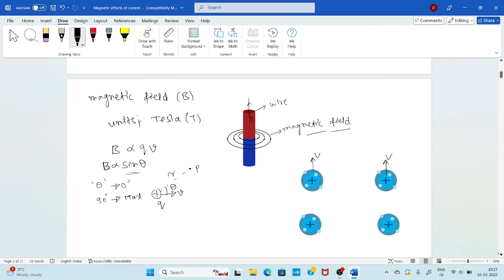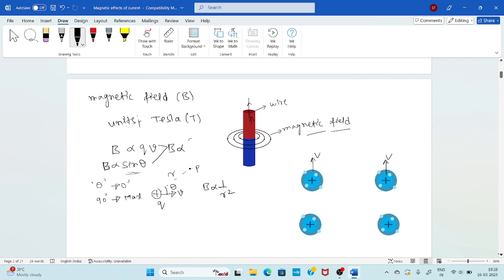Combining this, the magnetic field B is directly proportional to QV sin theta, and inversely proportional to R square.